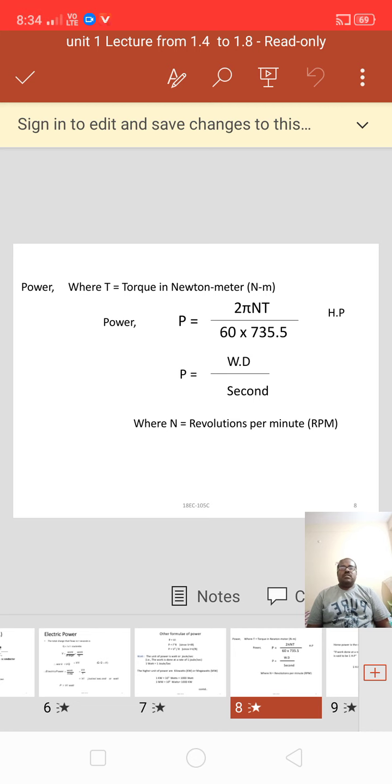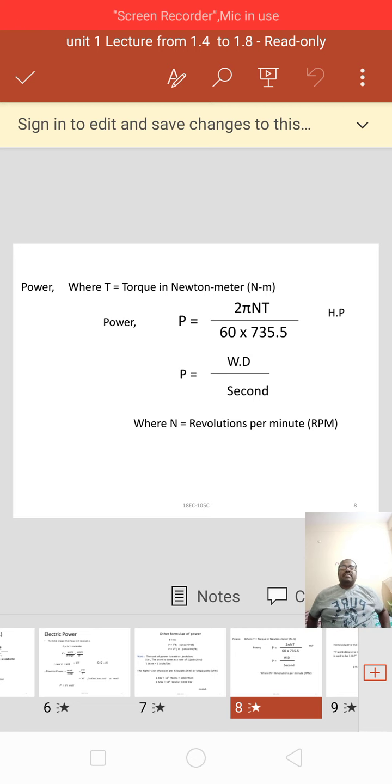Okay. Another formula regarding power with respect to torque, where T equals torque in Newton meters, that is N-m. Power P equals 2 pi N T by 60 into 735.5 horsepower, that is 2 pi NT by 735.5, which is equal to the work done with respect to time.